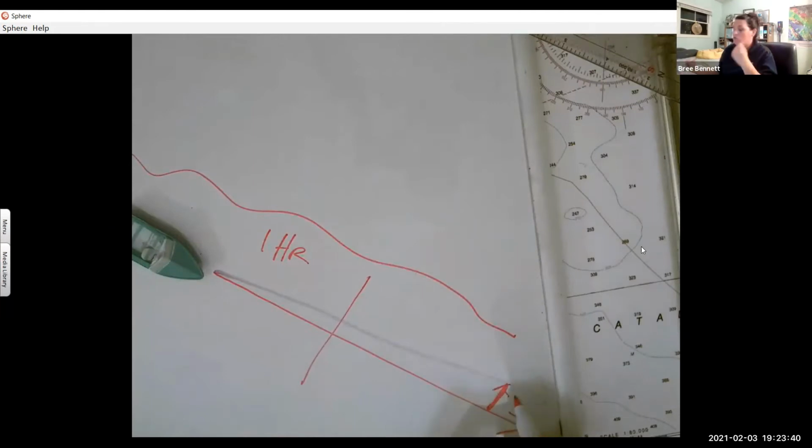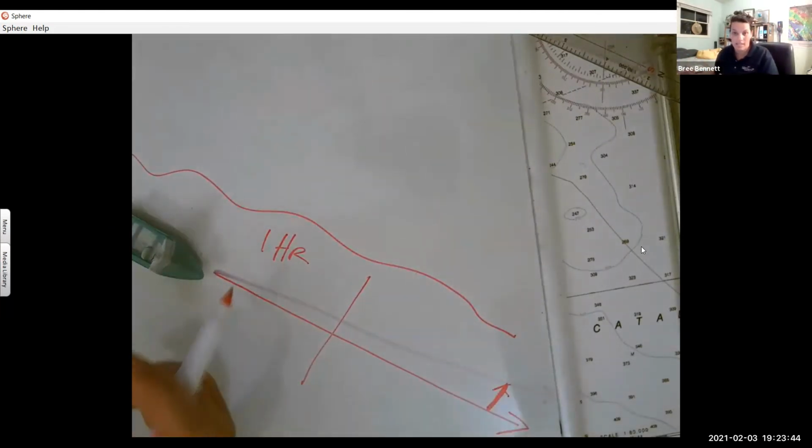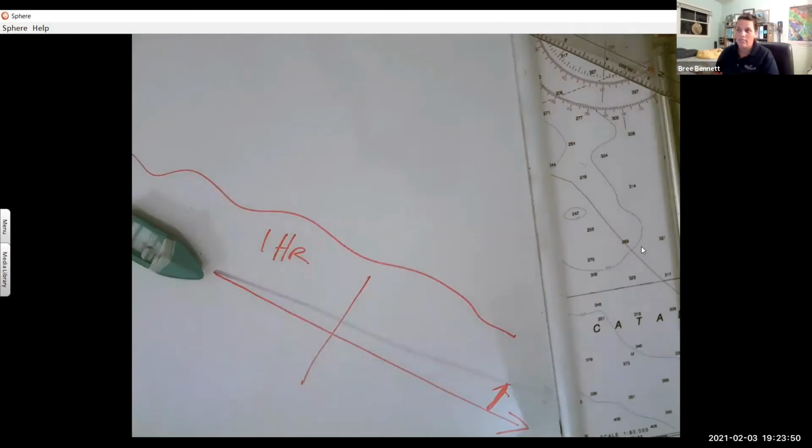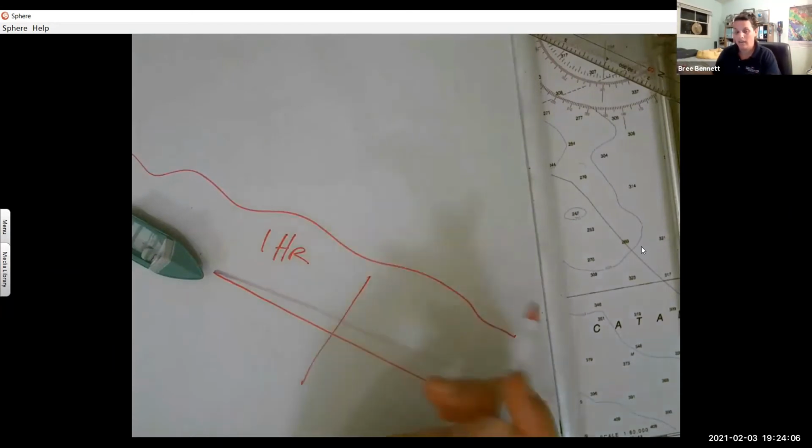So you do want to calculate, especially if you're going longer distances, like crossing from Newport to Hawaii. If you have a 1 degree variation or 1 degree deviation that you're not accounting for, however far away Hawaii is, that's going to be a very big difference once you get there.